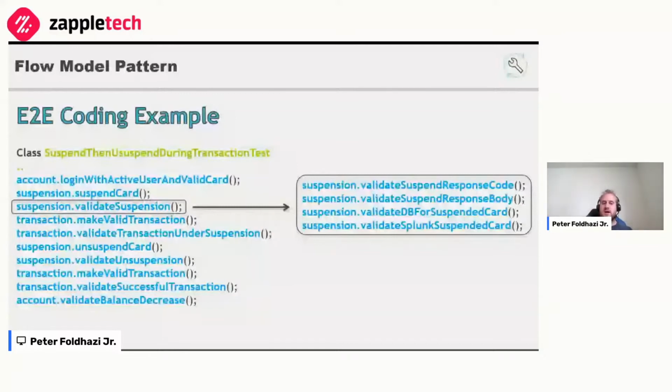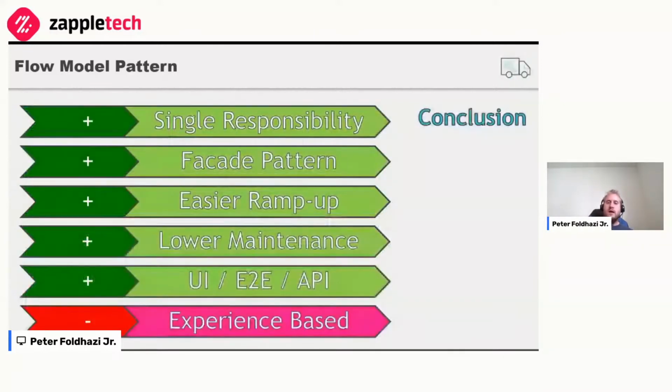So you still might concatenate a couple of different steps here. When you look at the test case itself, you only care about validating the suspension. That's what you're doing. But what exactly you are doing beneath that can be stored inside a facet. Okay. So to sum it up, basically the flow model is not bringing the single responsibility.